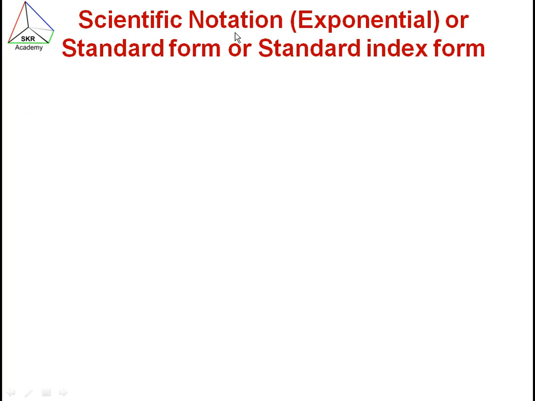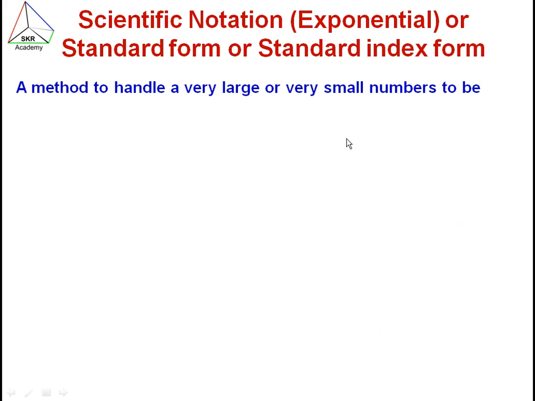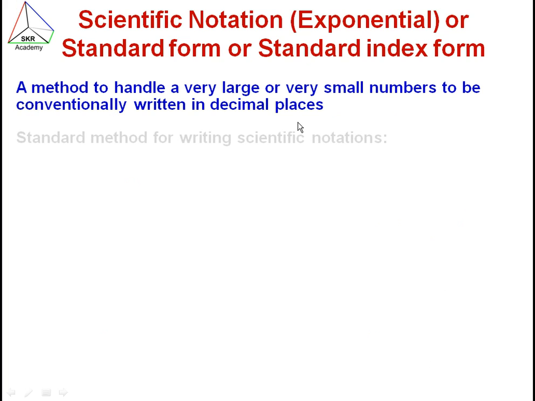Scientific notation is also called scientific exponential, standard form, or standard index form. This is a method to handle very large or very small numbers which are conventionally written in decimal places.